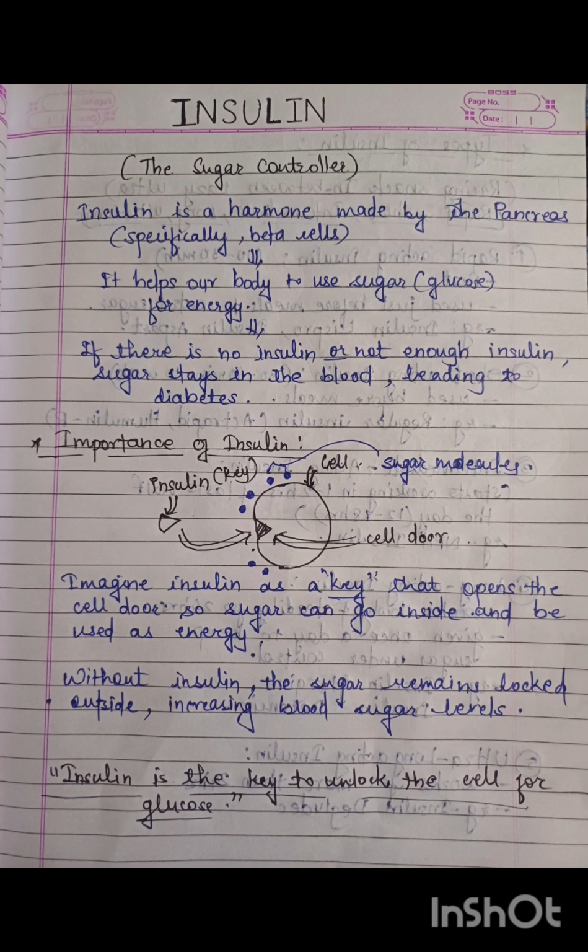Insulin is a key that opens the cell door, so sugar can go inside and be utilized as energy. But without insulin, the sugar remains locked outside the cell and it increases the blood sugar level. So insulin is nothing but the key to unlock the cell for the glucose.